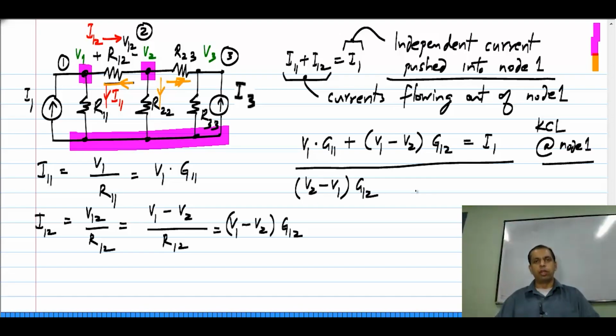Okay. For nodal analysis, it is a lot more convenient to use conductances instead of resistances while writing down the equations. That is what I am going to use. And by definition, G12 is 1 by R12, G11 is 1 by R11 and so on. Okay. The current through R22 is nothing but V2 times G22, because V2 appears across R22.